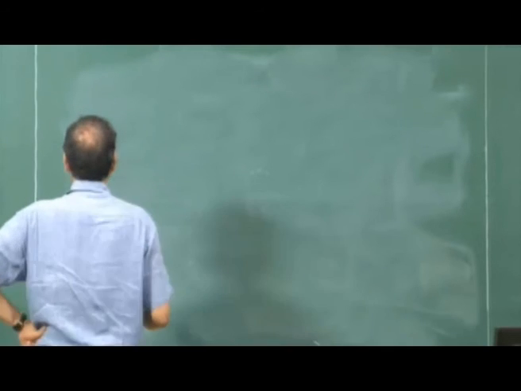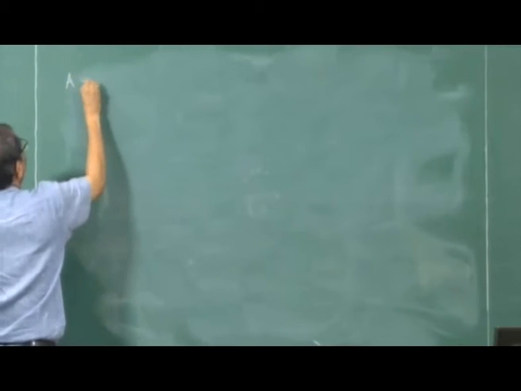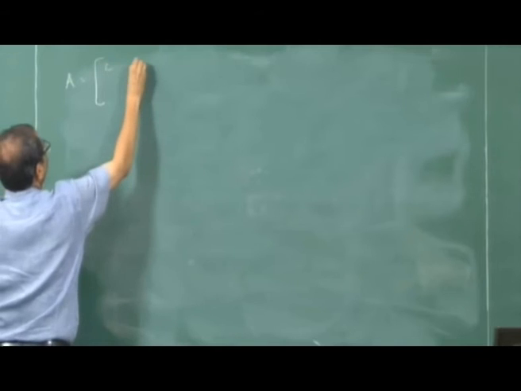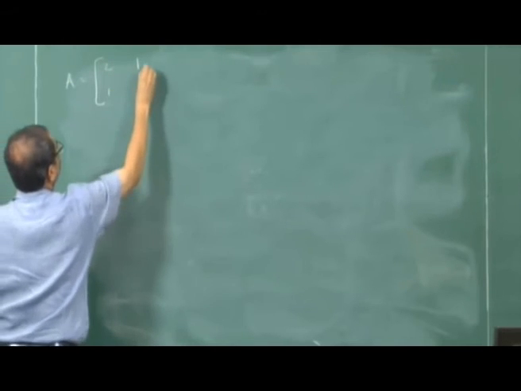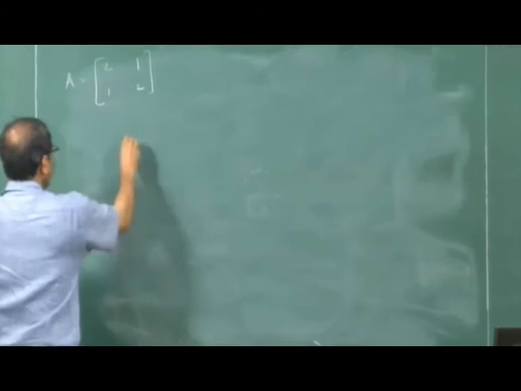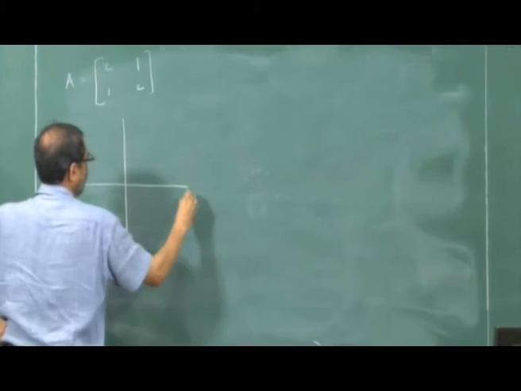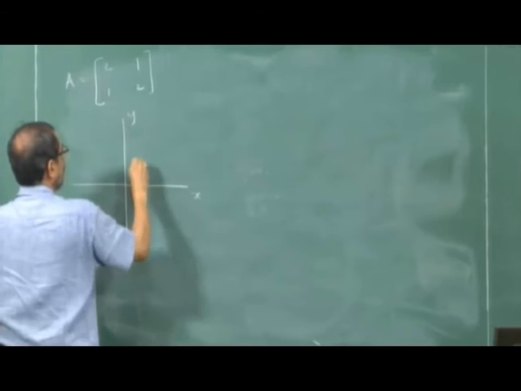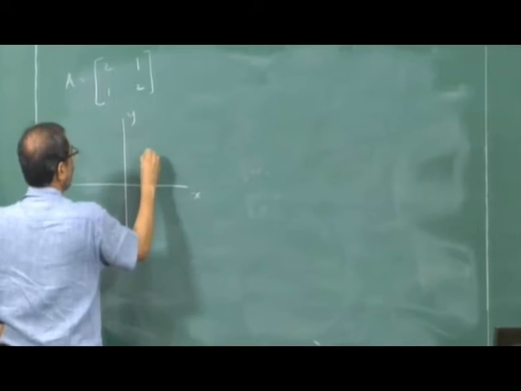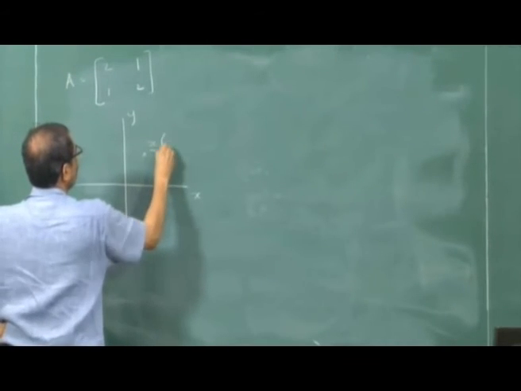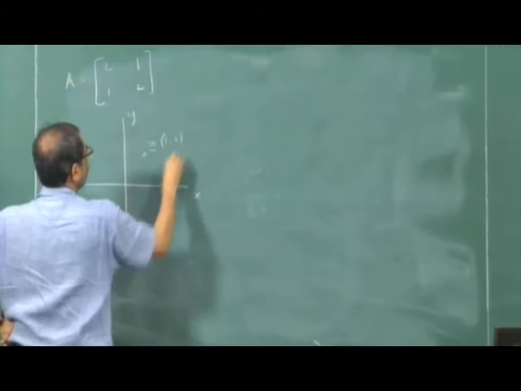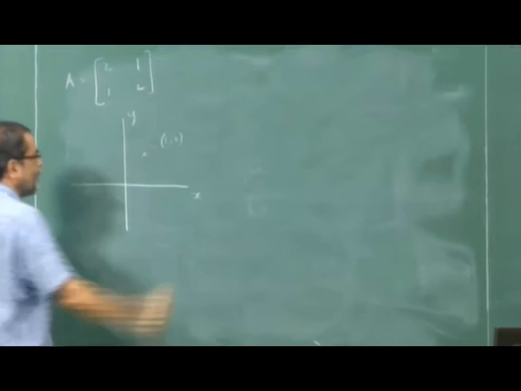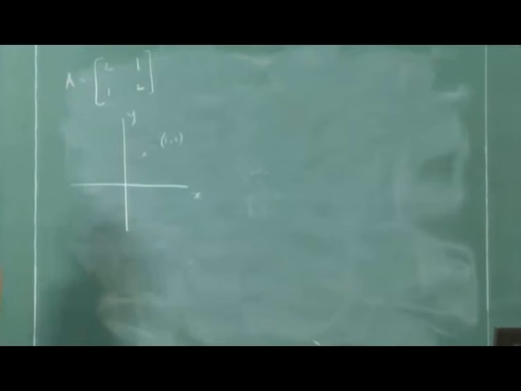Let me take a matrix A given by a 2 by 2 matrix, 2 1 1 2. I've taken some arbitrary matrix. Let me take the xy plane, and a point here, x, which is 1 and 2. I have a point here whose coordinates are 1 and 2.